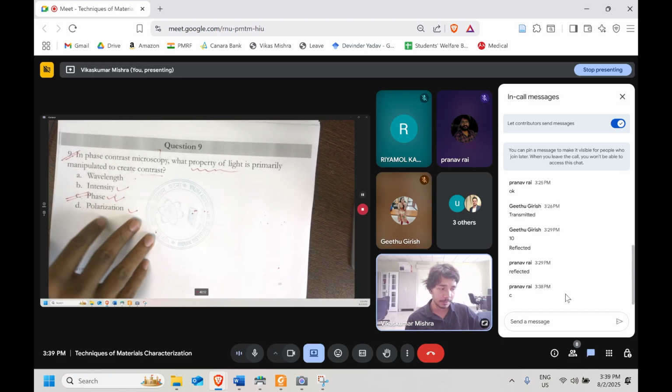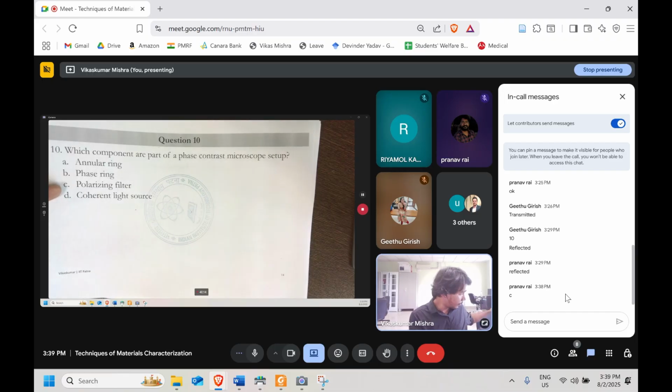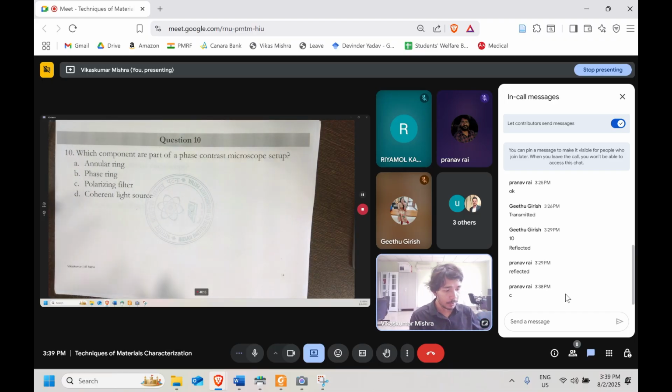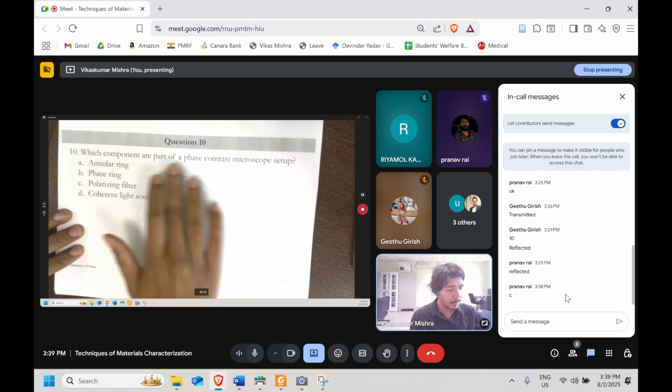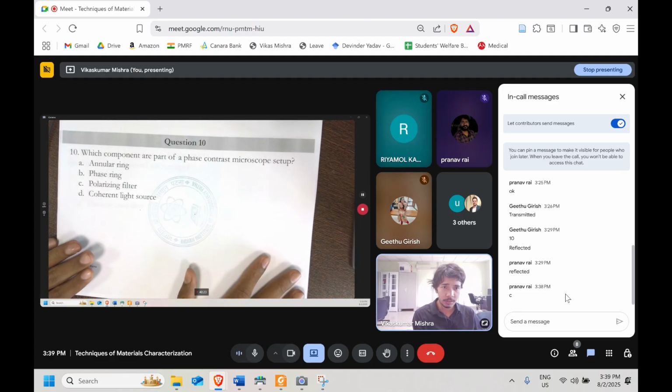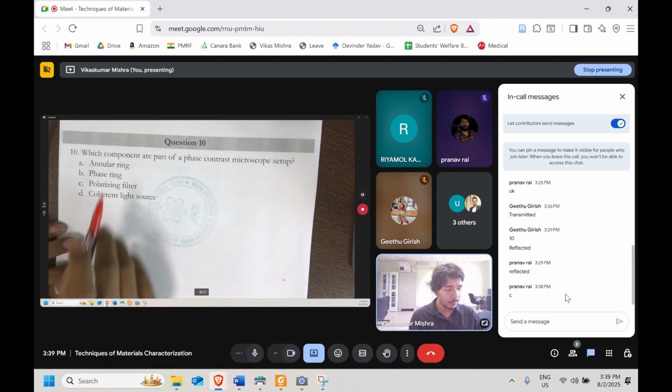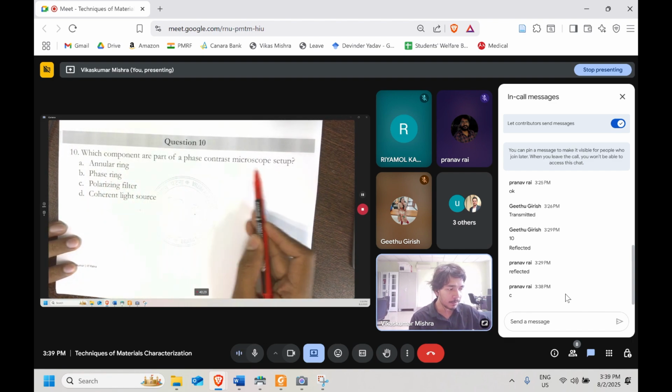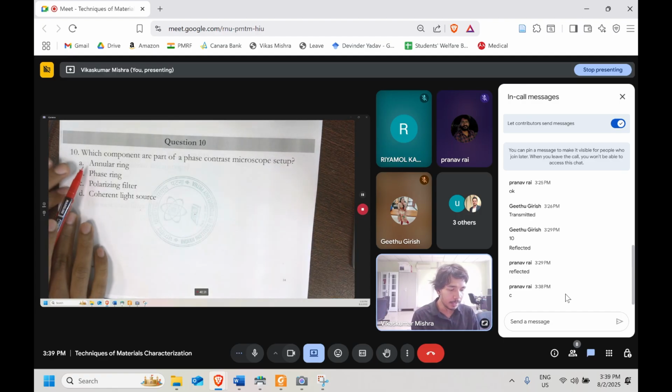Let's move to question number 10. Which components are part of the phase contrast microscopy setup? You will see this type of question in your exam, and you can also see them in the assignments. Annular ring, phase ring, polarization filter, coherent light source.